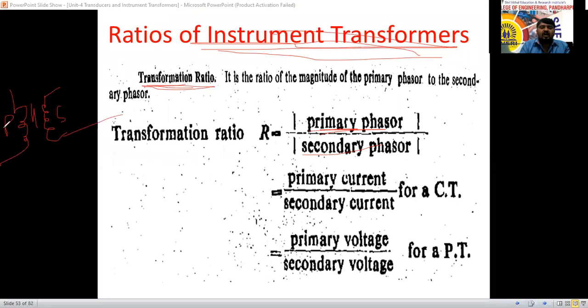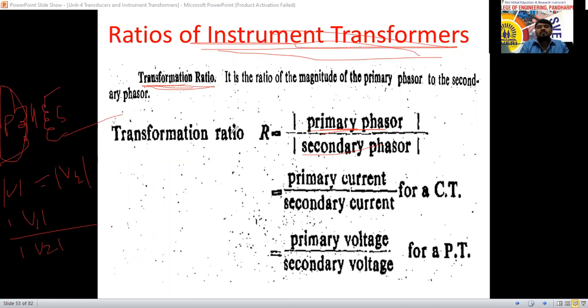Whatever the magnitude of this voltage is, V1, and the magnitude of this voltage, V2, it gives the ratio magnitude of V1 divided by magnitude of V2, that is called the potential transformer.